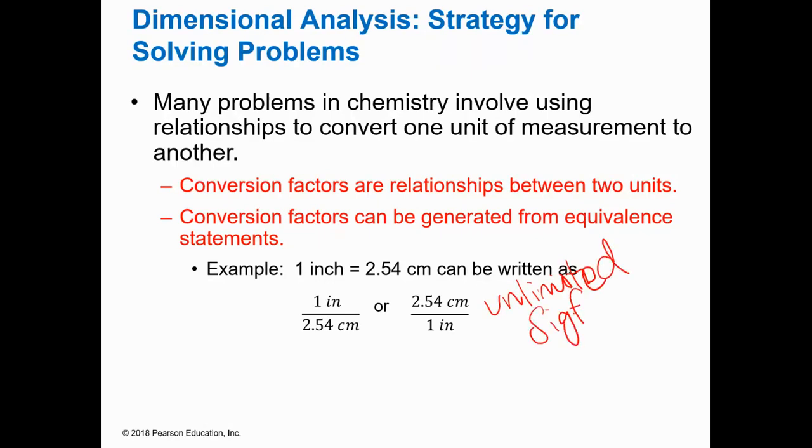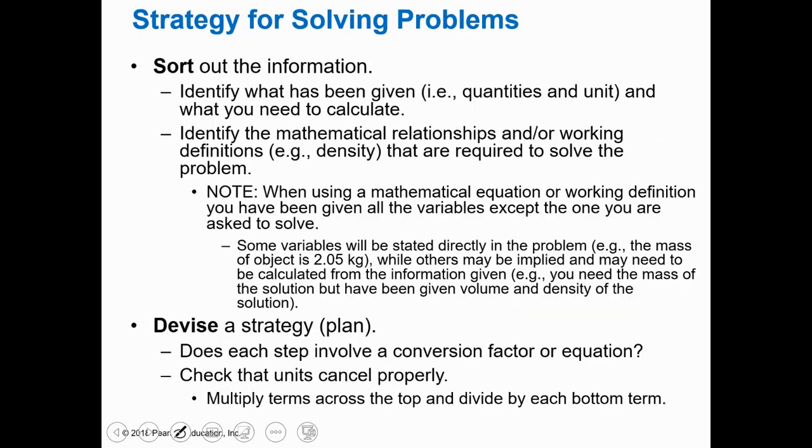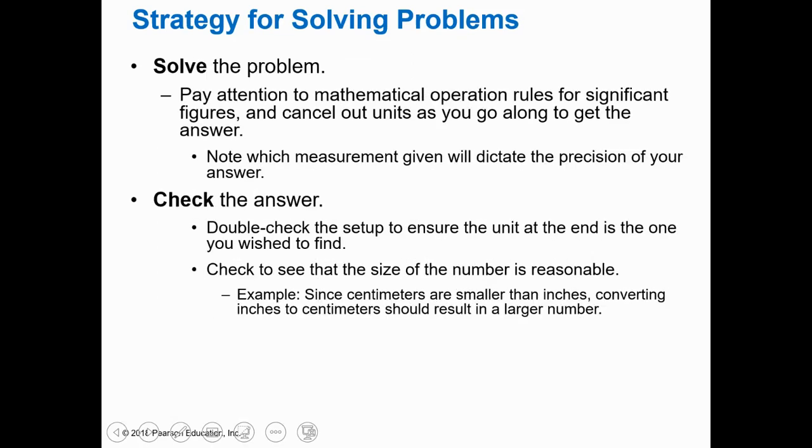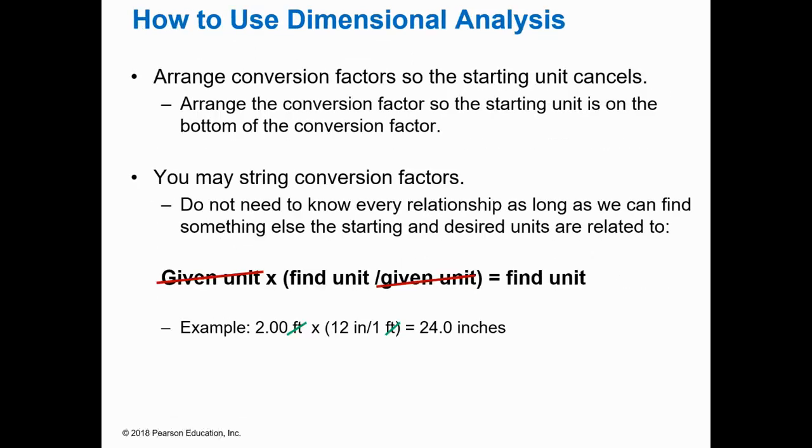Okay, unlimited sig figs. So this is just going through our plan of how we're going to do dimensional analysis, but really it's better to call it unit analysis because it's all about the units and what they're doing. The key is whatever your given unit is, that unit must also be on the bottom of your conversion factor to get the new unit, which is the wanted unit.